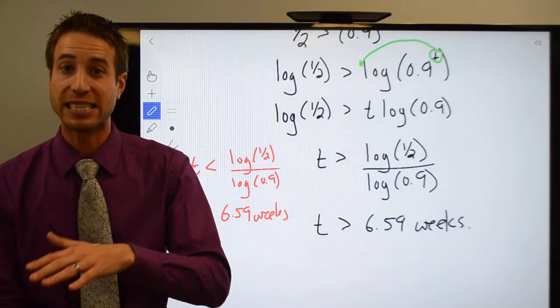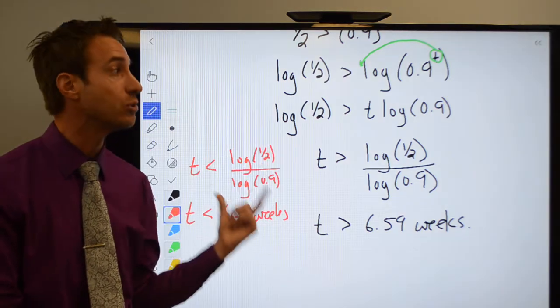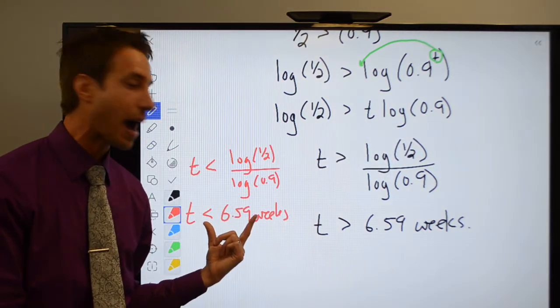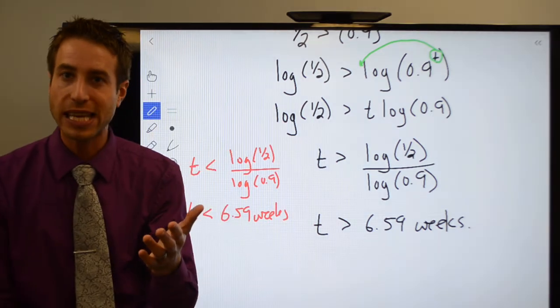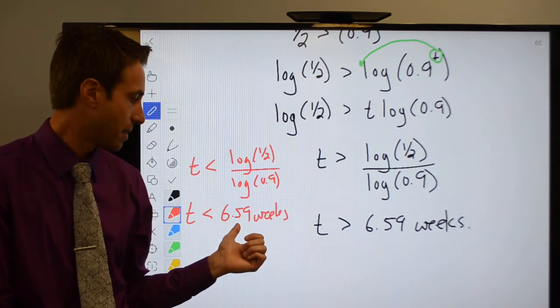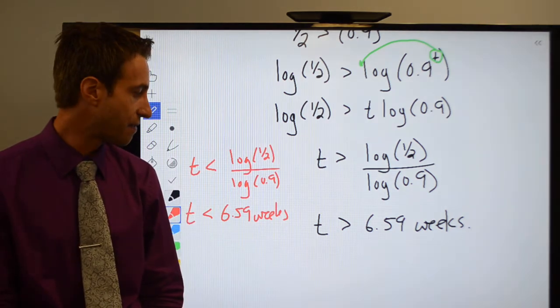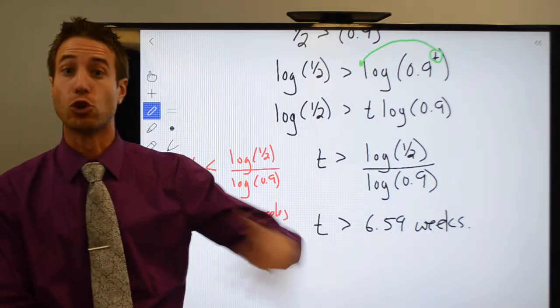Obviously, it would have to be T greater than 6.59 weeks. So even if you didn't remember and you wound up with this answer, if you just think about it for a second, that answer doesn't make any sense. T would have to be greater, right?